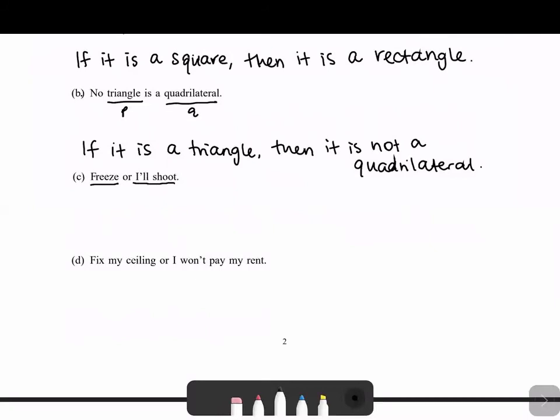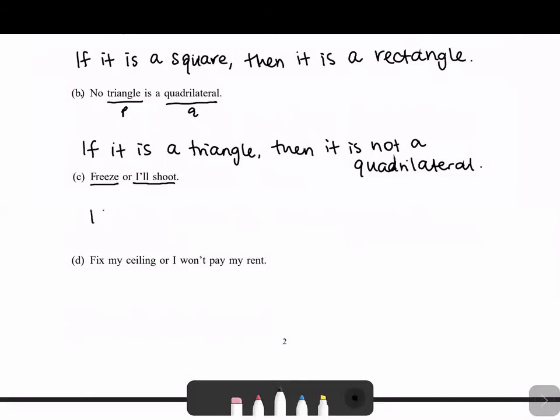What happens if you don't freeze? If you don't freeze, they'll shoot. But if you do freeze, then they won't shoot. There's an implied decision here: if you freeze, you're fine, but if you don't freeze, then they'll shoot.